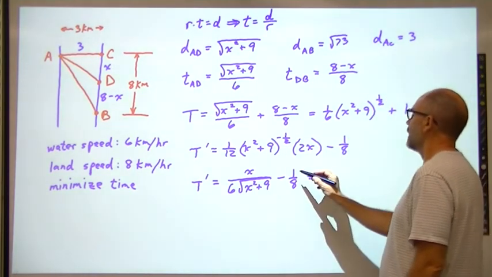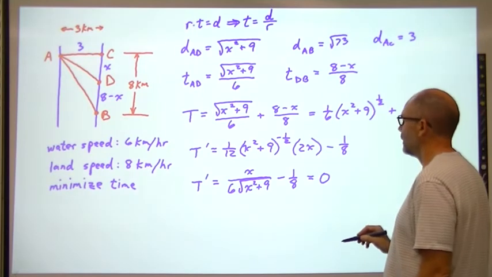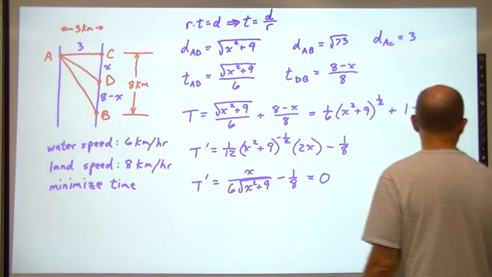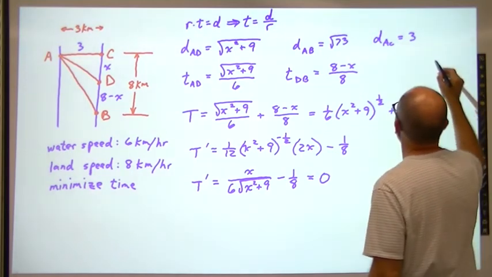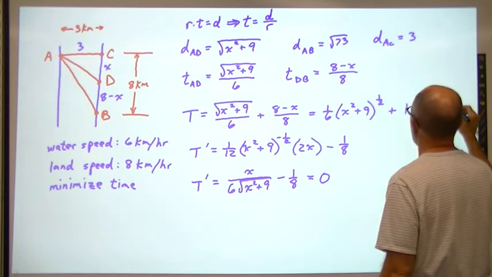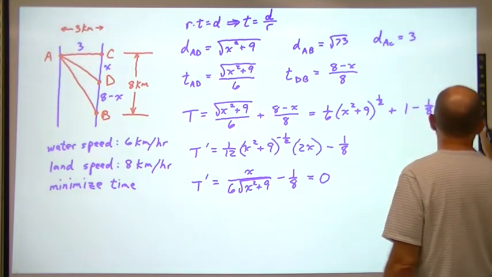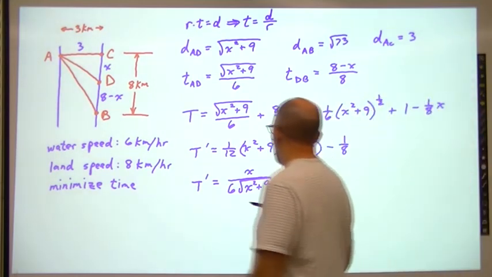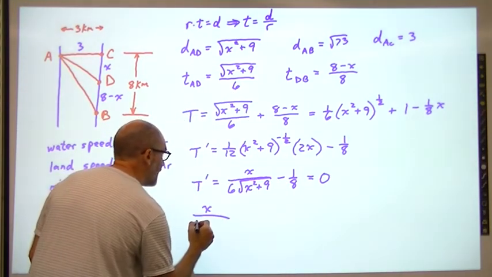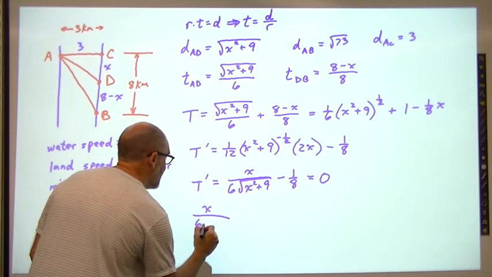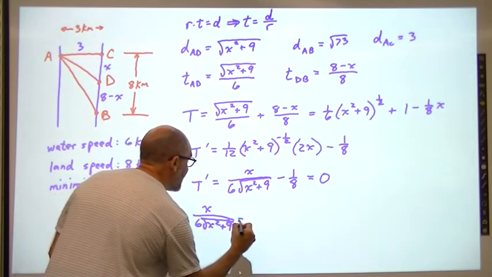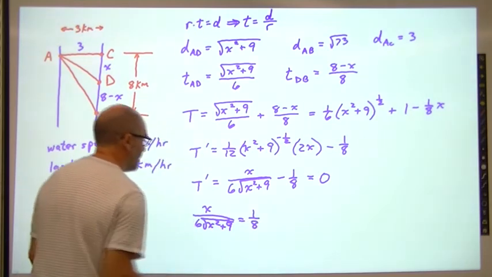So now we move this over here and we say x over 6 square root of x squared plus 9 equals 1/8.